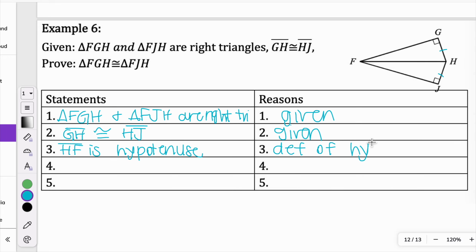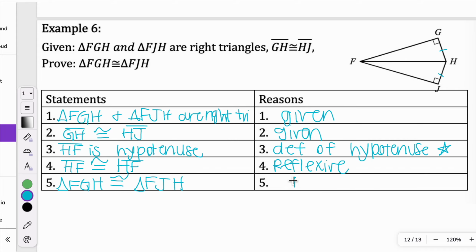I would even say this could be an optional step because HF is congruent to HF, and that's reflexive. And then I can then say triangle FGH is congruent to triangle FJH using the hypotenuse leg congruence theorem.